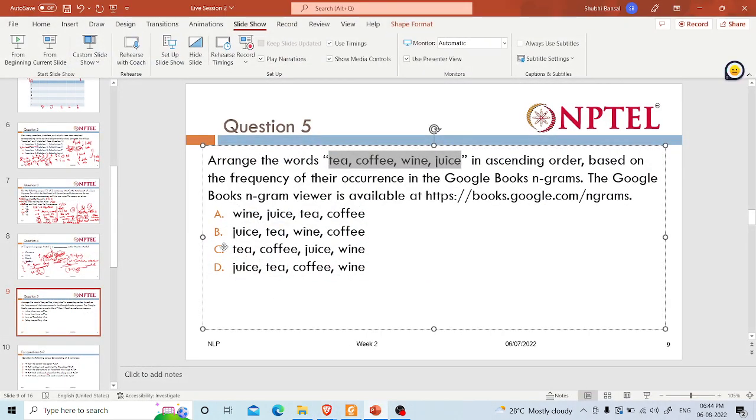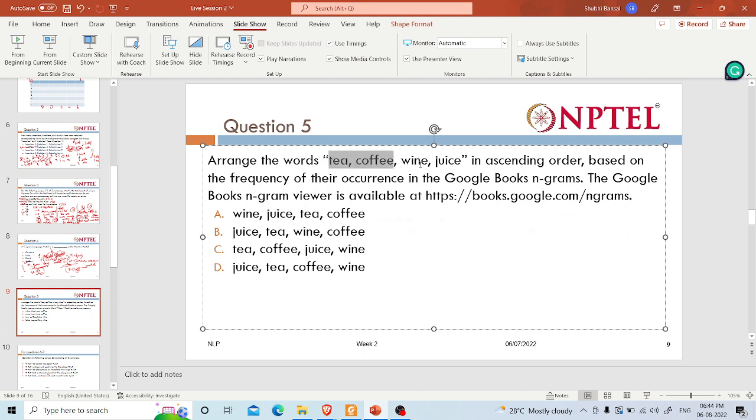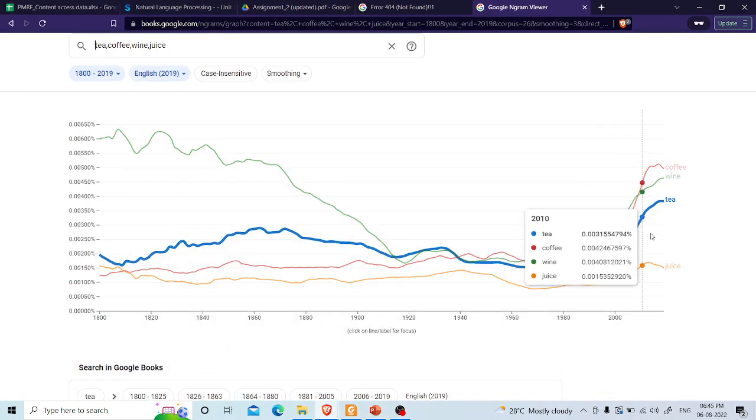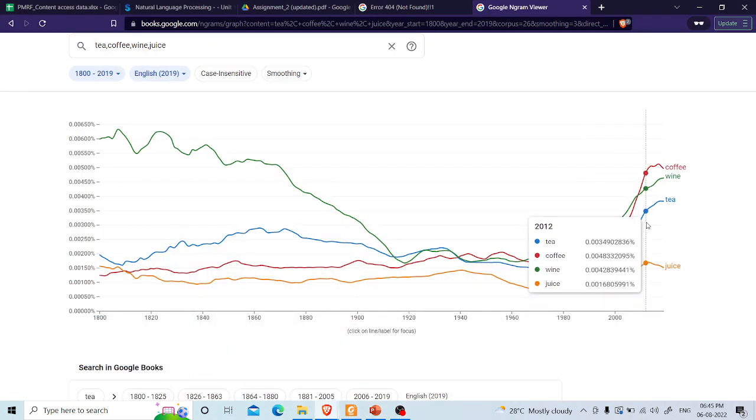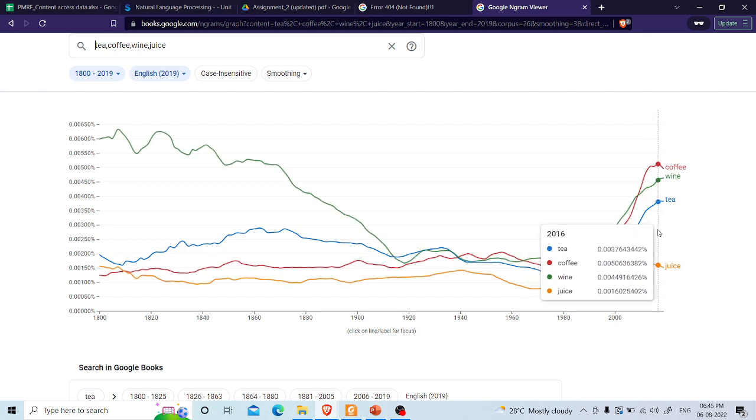But there is no such option. I think according to them, the correct answer is option C. I don't know which year they are taking. Okay, they are telling us to arrange in the ascending order, so I think the answer for this is option C.